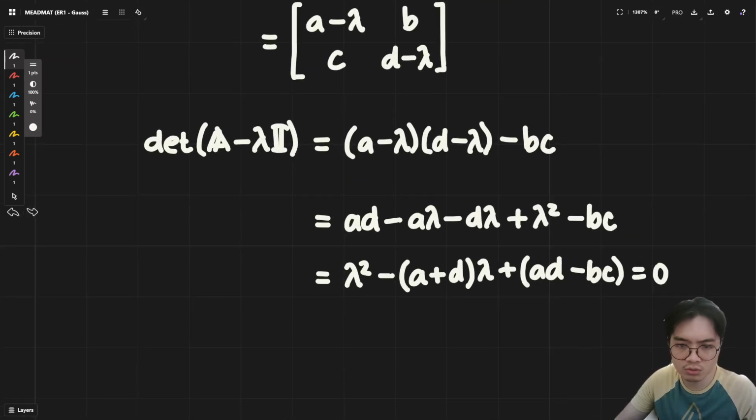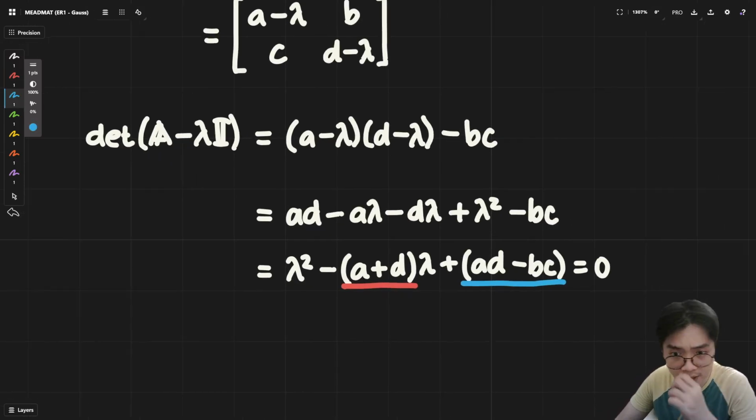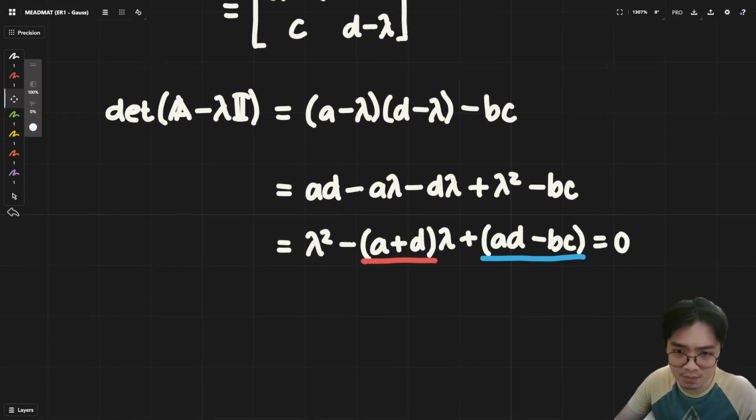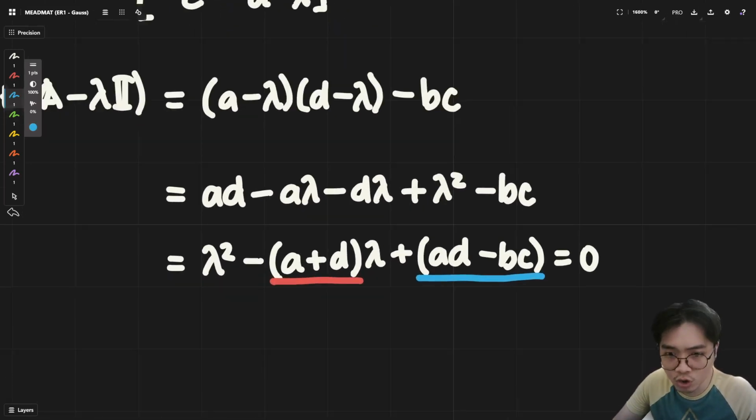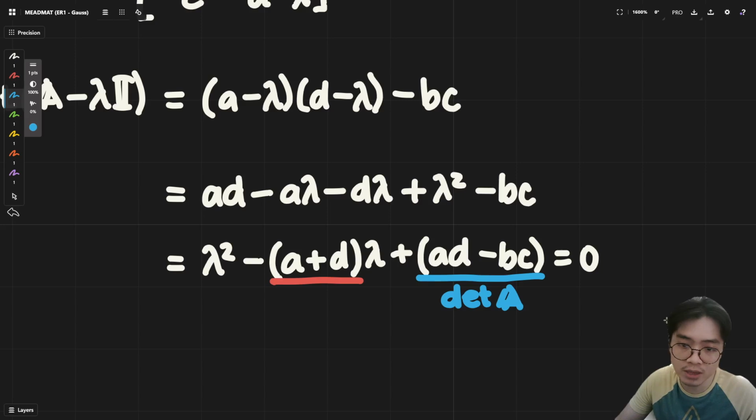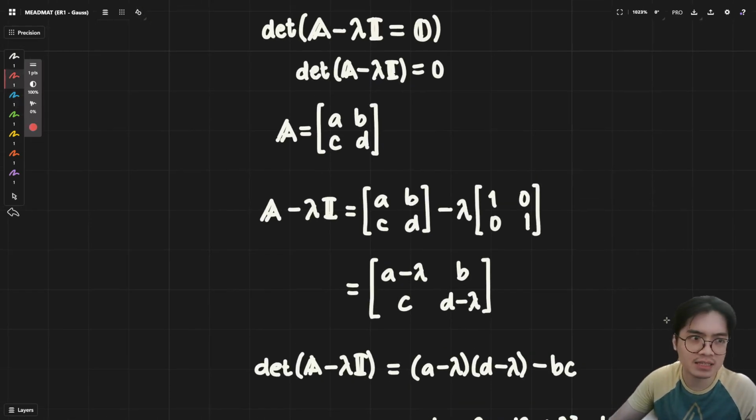Do you see why I have grouped these two things together? The one I've underlined in blue might be more understandable: this is the determinant of your original matrix A. Now, what is A plus D?